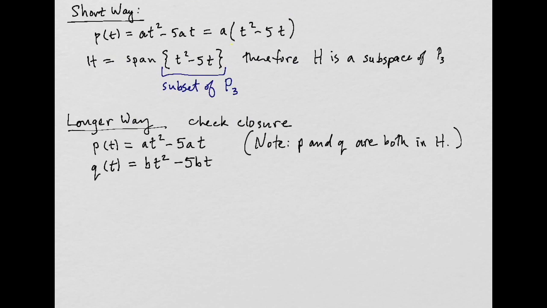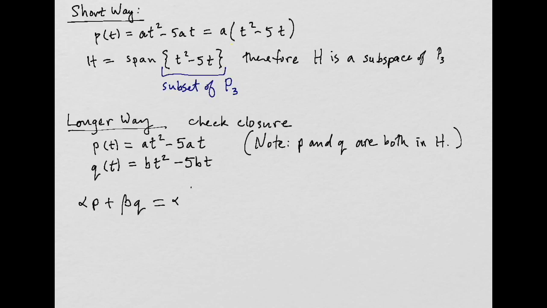Okay, so now what I'm going to do is form a linear combination of these two polynomials, say alpha p plus beta q, where alpha and beta are scalars, and see if that linear combination is also in H. If it is, that means H is closed, and therefore H is a subspace. So let's see what we get.